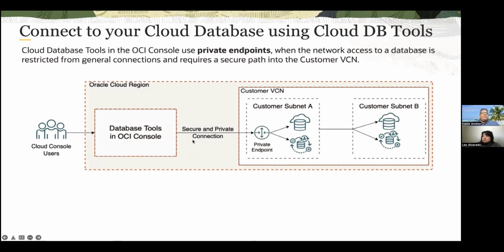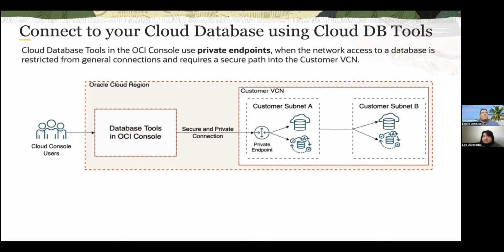In this instance, you're going to be using database tools in the OCI console via a secure and private connection to this element called an endpoint that goes into your subnet in your VCN that gives access to databases on that subnet or to a very specific IP in that subnet.